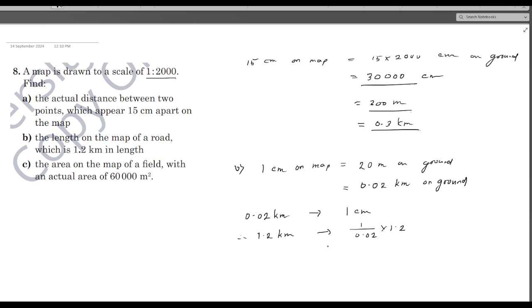So now you multiply numerator and denominator both by 100. Your numerator is 120, your denominator is 2, and therefore this is equal to 60 centimeter. Okay, so the length on the map for a road of 1.2 kilometer is 60 centimeter.